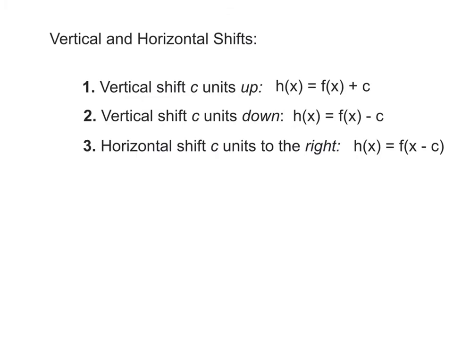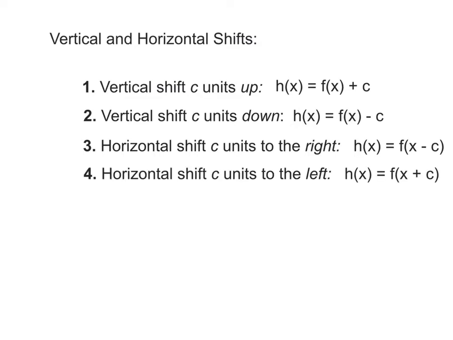A horizontal shift of c units to the right is simply going to say you're taking the original function, and instead of having f of x, you're going to have f of x minus c. So h of x is going to equal f of x minus c.